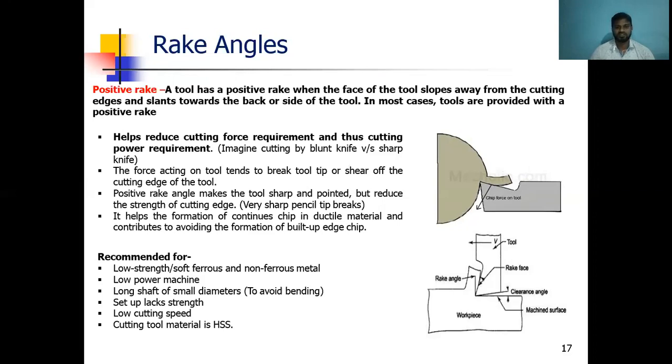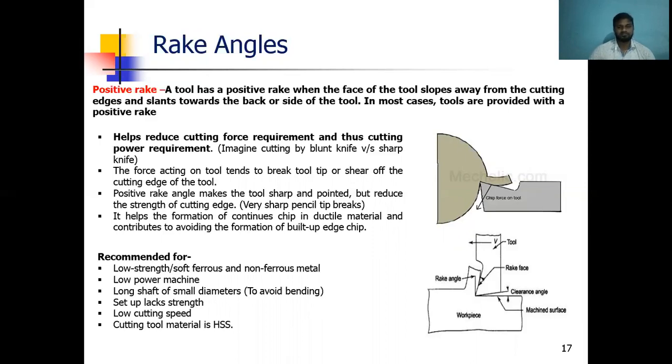A sharp cutting edge, like knives, helps reduce cutting force requirement and thus cutting power requirement. The force acting on the tool tends to break the tool tip or shear off the cutting edge of the tool.